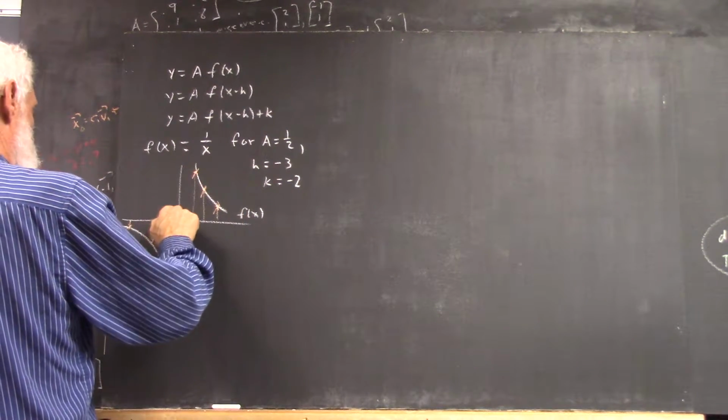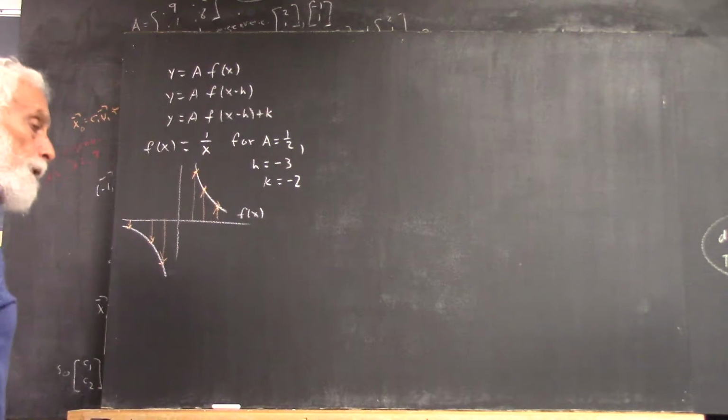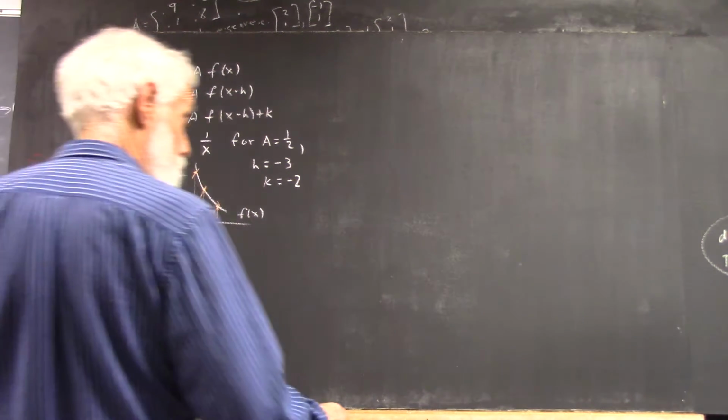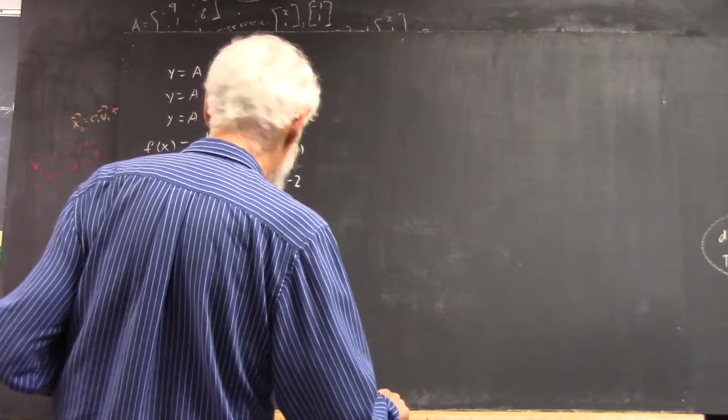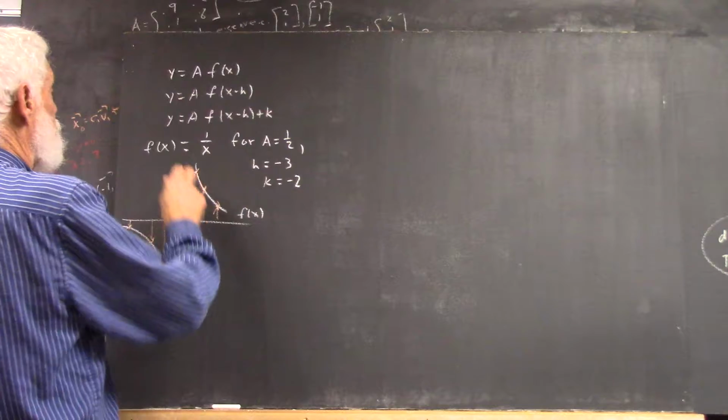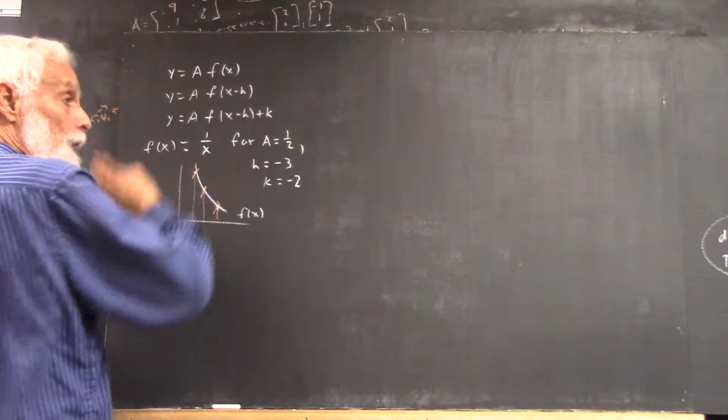For each of these points, I draw an arrow whose length and orientation give you the value of the function. I don't have to have numbers. I can just draw the things. Then a is 1/2, so I'm going to do a times f(x).